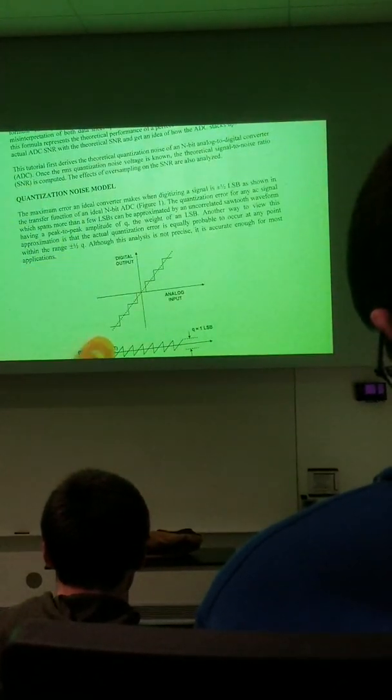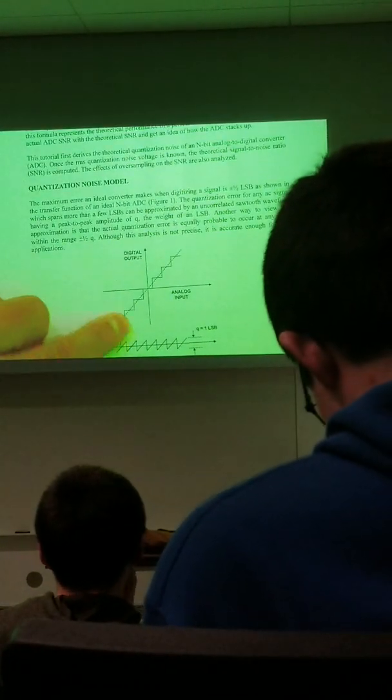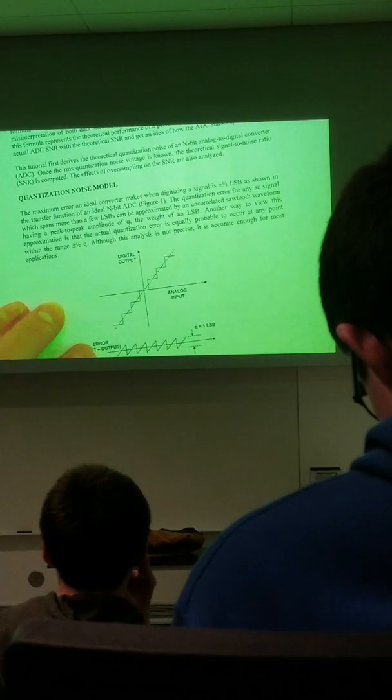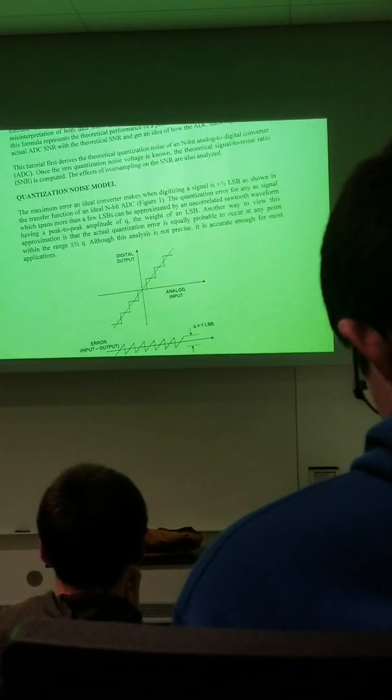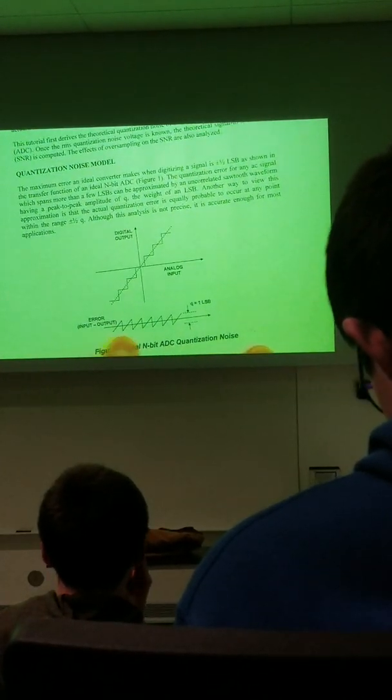shows what I'm showing there. If you have, say, not a sine wave, but just an increasing signal, it gets quantized in steps like that. And the difference between those two, the error of the signal there, is this little sawtooth wave.